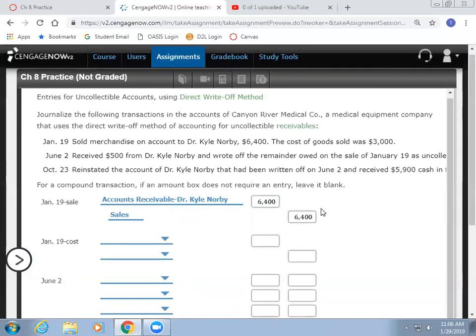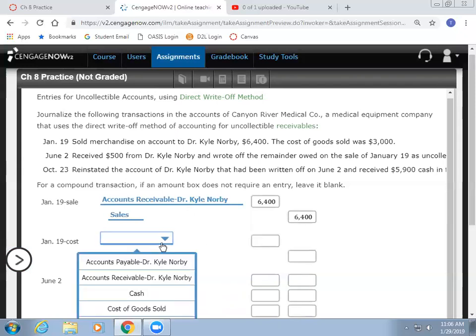And then the second part: remember, when we do sales on account, we always have to recognize the cost. It says the cost of goods sold was $3,000. What's the debit and credit for that? The debit is cost of goods sold. Perfect. You guys do remember, or you reviewed.